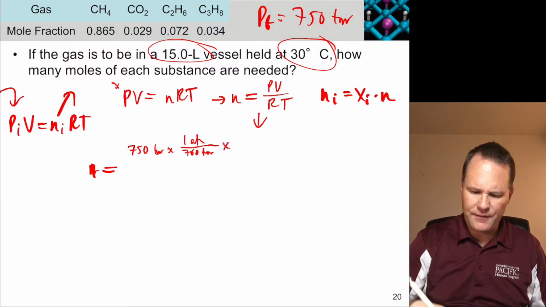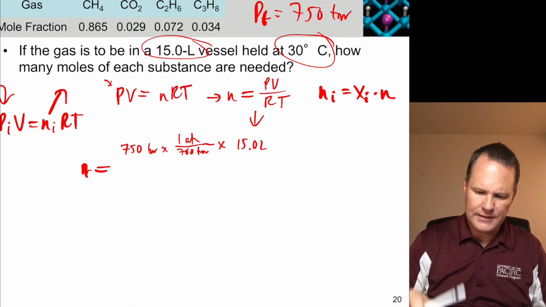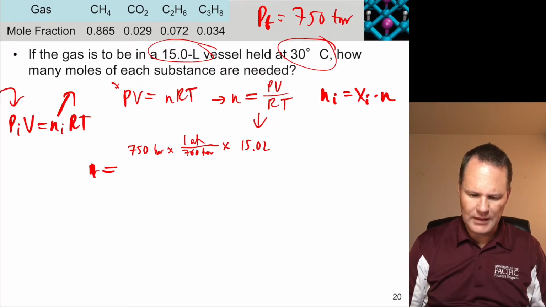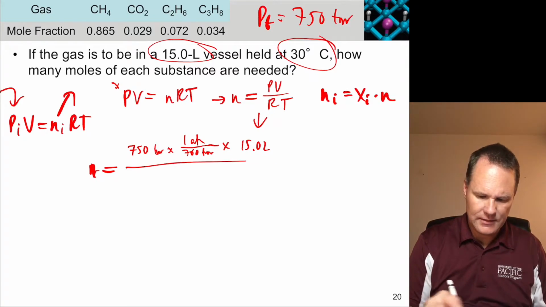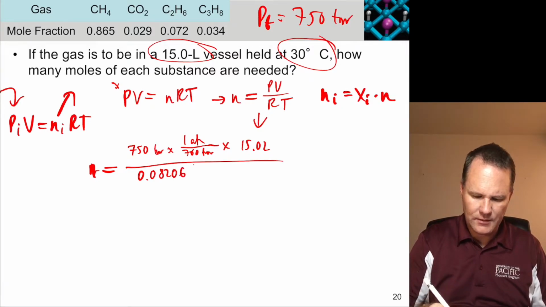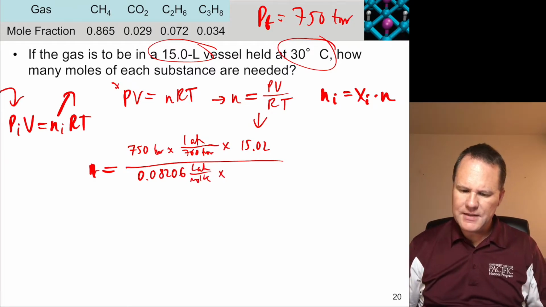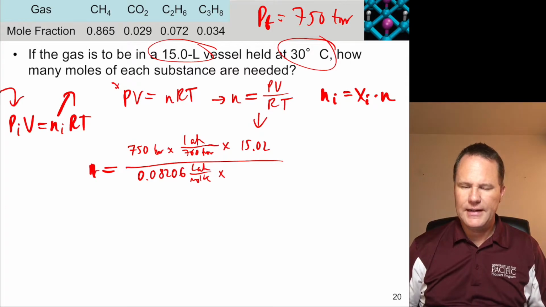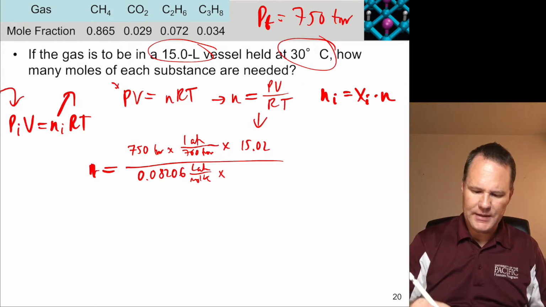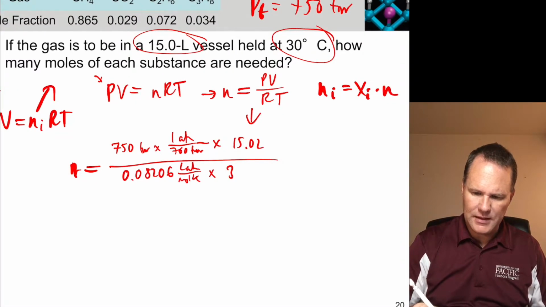And then I said it's 15.0 liters. And then what else do I have? Well, obviously the R, 0.08206, I'm slowly learning, liter atmosphere over mole Kelvin, and then times the temperature, and the temperature is given as 30 Celsius. We'll discuss that in a moment, but that just gives me 303.15 Kelvins.